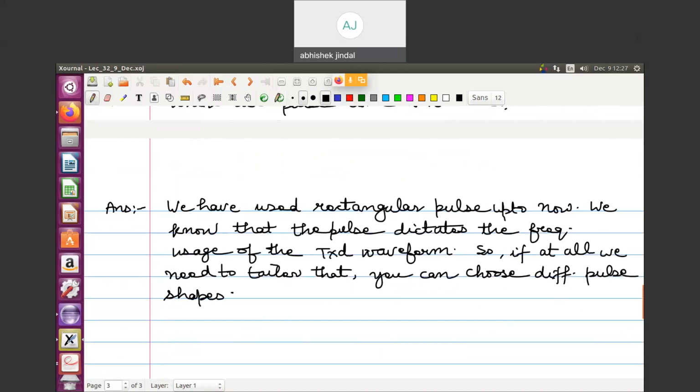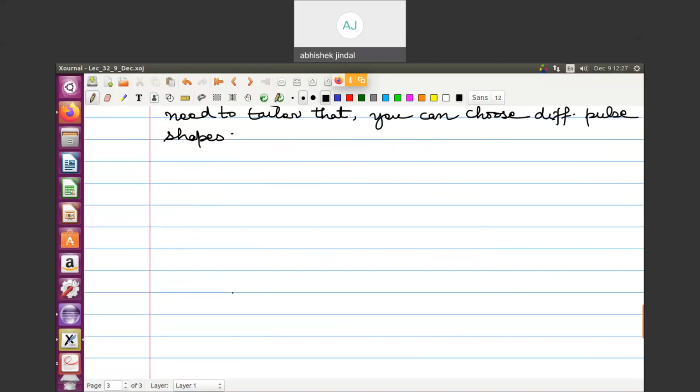Okay, so let us now come to the M-ary PSK. With this doubt addressed, let us come to the concept of M-ary PSK. Now M-ary simply means that you have M possible phase points.